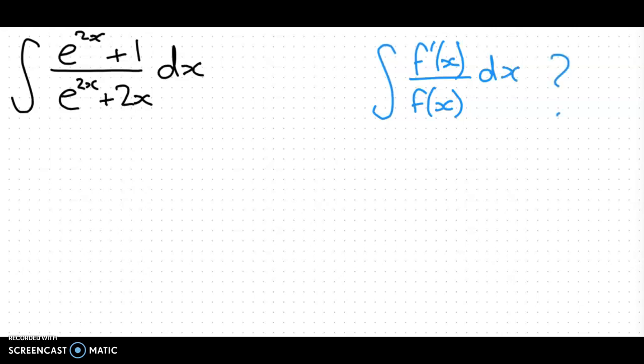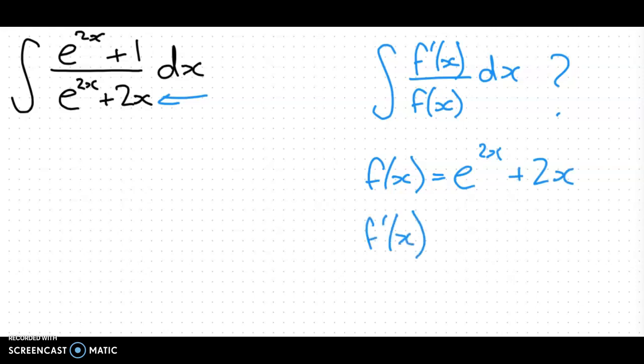Our test there would be to take the denominator, let's call that f(x), write that down, and find what the derivative of that is, f dash x. e to the power of 2x is going to be e to the power of 2x times 2, as 2x differentiates to 2.